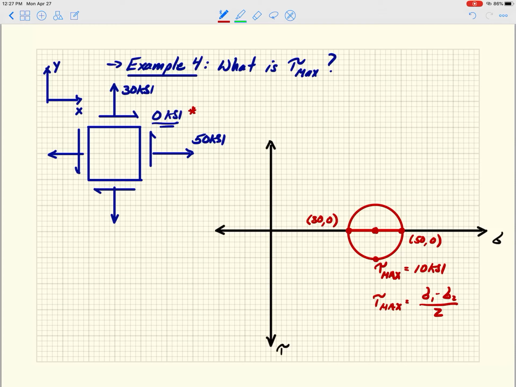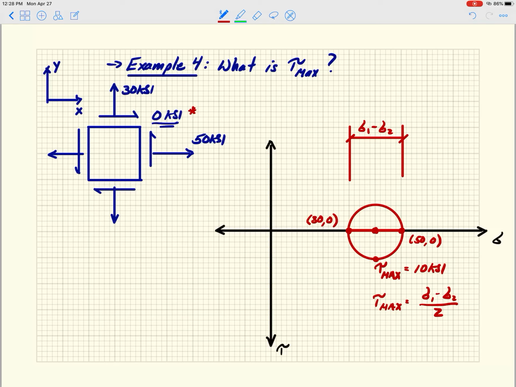And in this case, you can see that's 50 minus 30, which is 20, divided by 2 is 10. Right? Basically, what I'm saying is the diameter right here is sigma 1 minus sigma 2. Right? And my radius is half of that. My radius also happens to be equal to tau max.